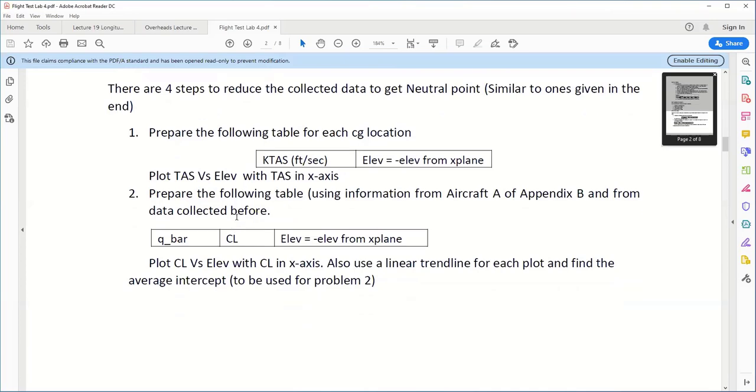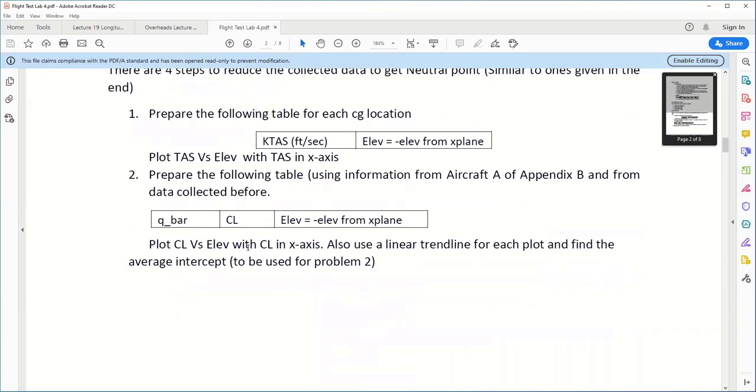Then we prepare the next table where we calculate the Q bar and CL, and the elevator from X-Plane. If you want to use any data, for example the wing area, use aircraft A in Appendix B. And then you will plot CL versus elevator and also calculate the average intercept.